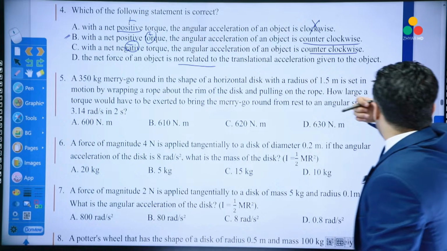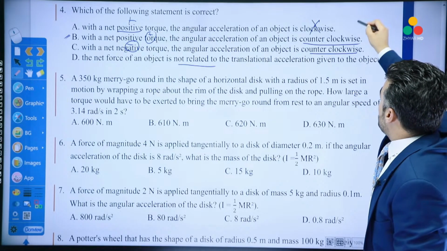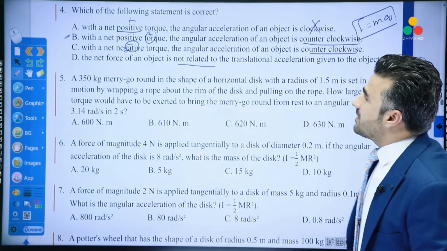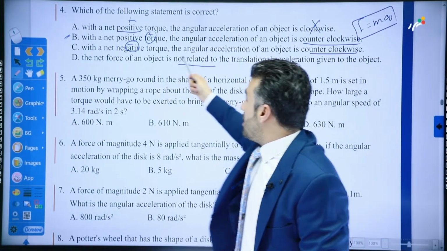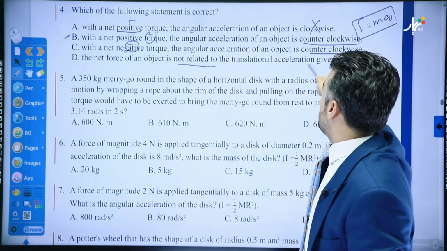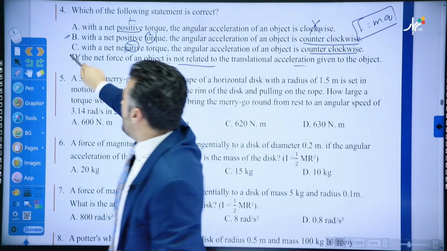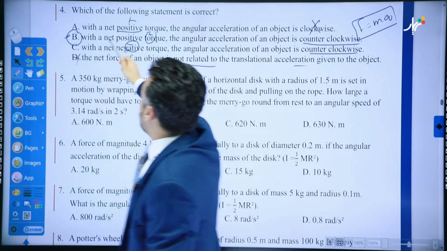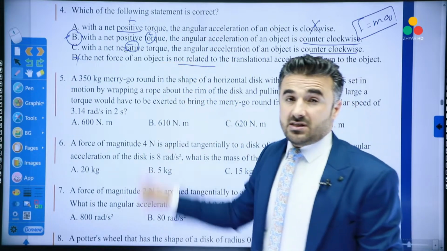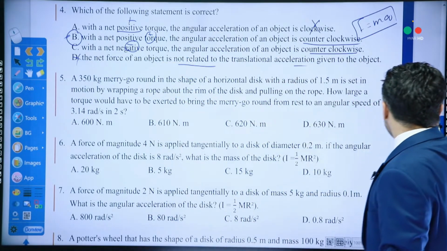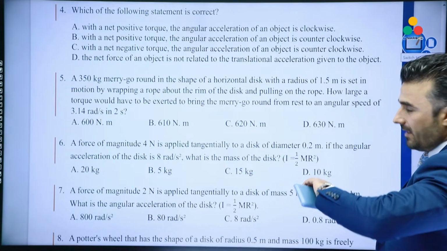For a translational object, we know that F equals mass times acceleration, yes? And it says the net force on an object is not related to translational acceleration. This is an incorrect option, so the correct option is B. Again, with a net positive torque, that means the rotation is counterclockwise. All right, moving next.